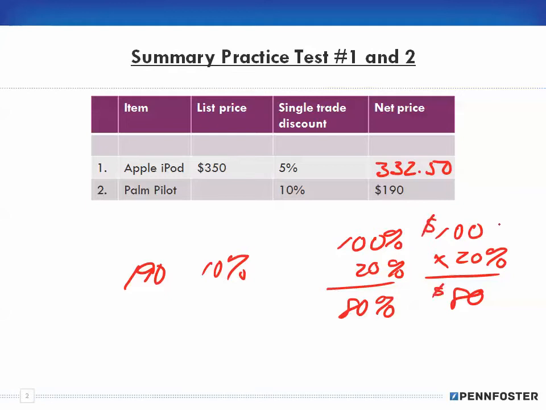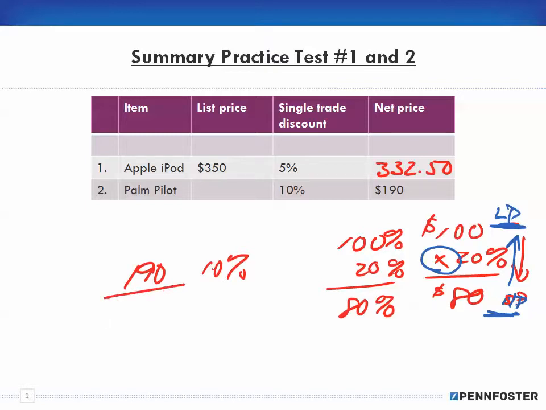Notice that when I'm going from the list price down to the selling price, I am multiplying. Well, if I have the net price and I want to go back up to the list price, the opposite of multiply is divide. So if I have $190 as my net price and I want to find my list price, I'm going to have to divide.